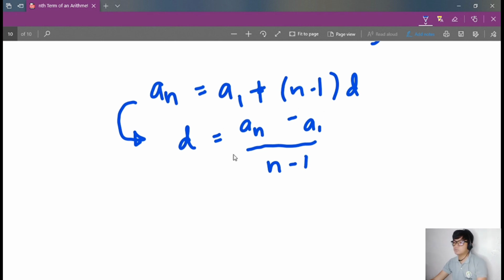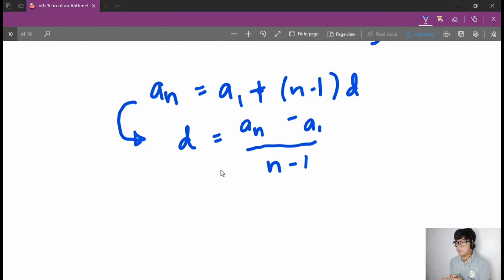Those are the two subtopics of our Module 3: the first is finding the nth term, and the second is the arithmetic means. You also have an activity in your learning activity sheets about finding the arithmetic means of a given sequence. So now we have an idea on how to find the arithmetic means of a given sequence. That's our discussion for Module 3.